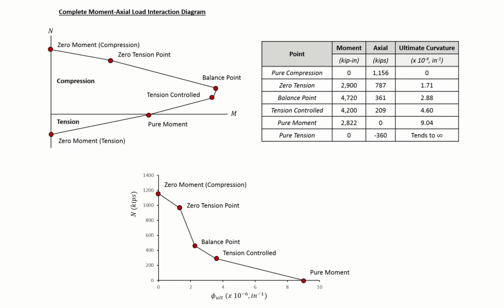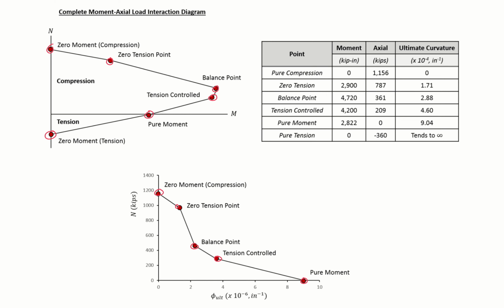Here is a summary of all of our different points that we found so far. So our 0 moment, our 0 tension, our balance point, tension controlled point, pure moment, and 0 moment tension. And you can also see how the curvature increases as we decrease our axial load.